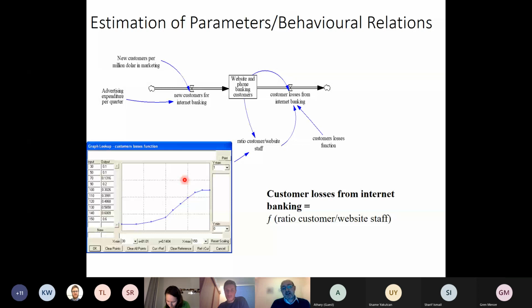So these nonlinear functions tell you that if you have very few customers per staff, you will lose a small number of customers, but there is a point where if you have too high a number of customers per staff, that loss as a percentage of customers increases to a point where losing 60% of the customers is almost losing all the customers that you have.